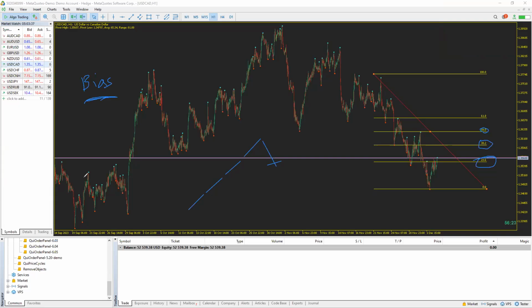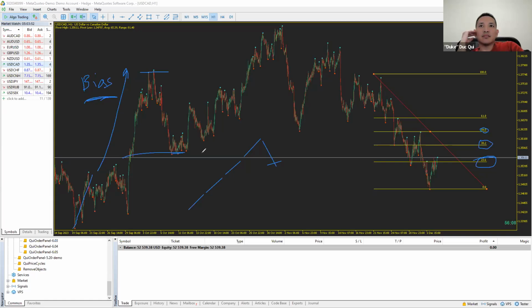Here, if the market went all the way up, what do you think the market bias is? Up. It came back down 62%, but guess what happened? Went even further up.